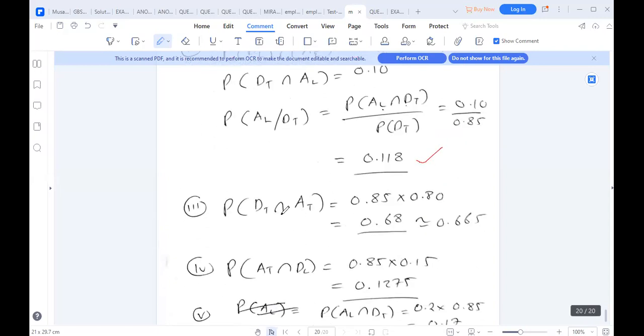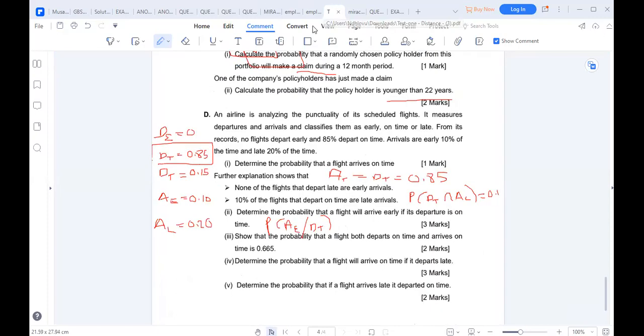Then here, the probability that it will depart on time intersection arrive on time, given this data. We are asked to show that the probability that they both depart on time and arrive on time is 0.665.